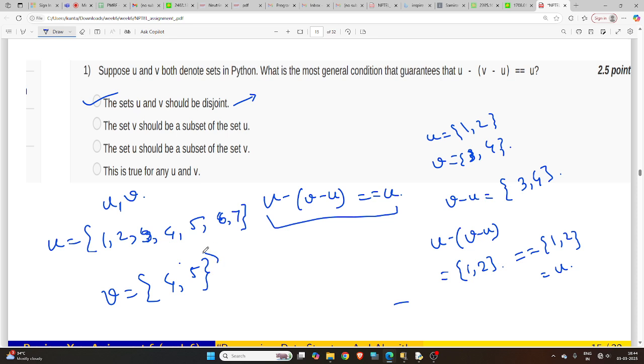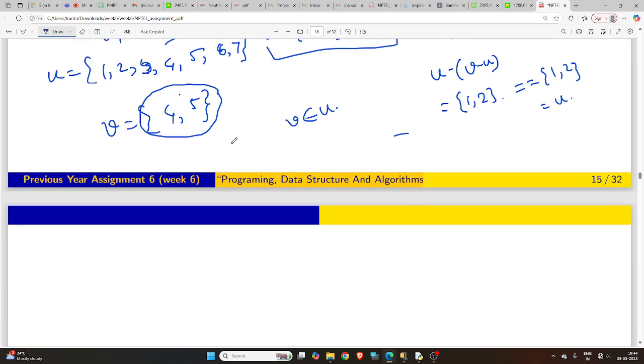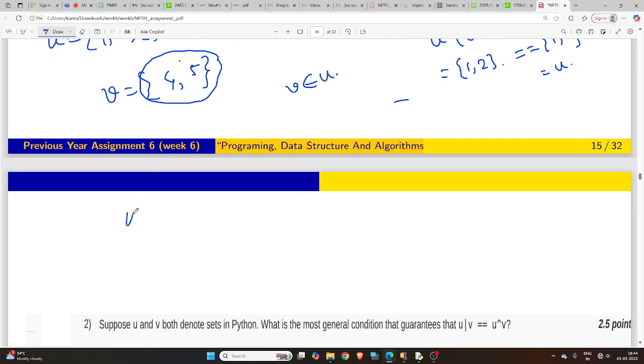This means all the terms of V are present in U. This is a subset of U. So V is a subset of U. If this is the case, then they are telling that this should be true.